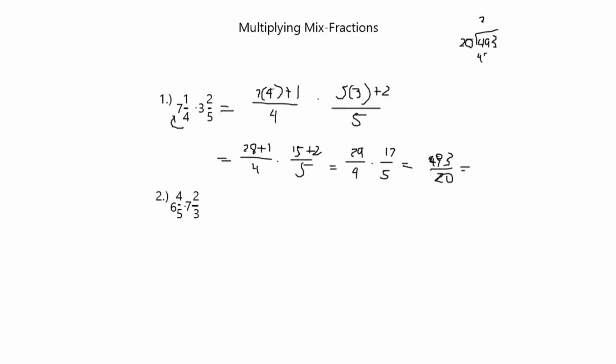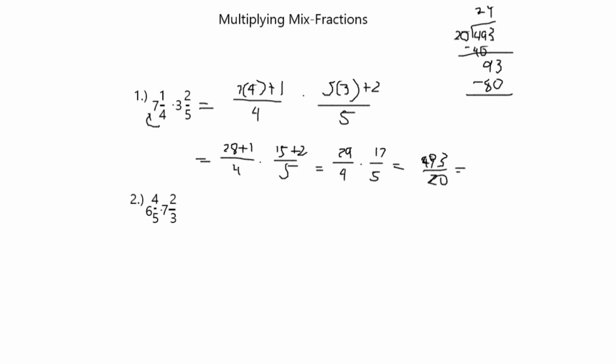So we're just going to divide 493 and 20. I think 24 is best to use. That's just my technique. Multiply 24 and 20, so that's 480.